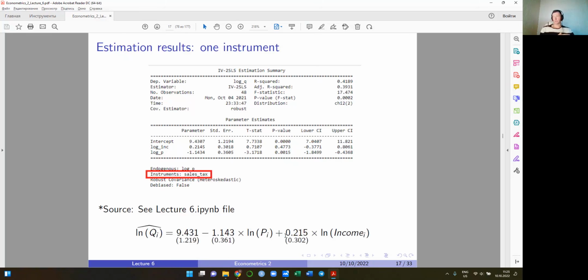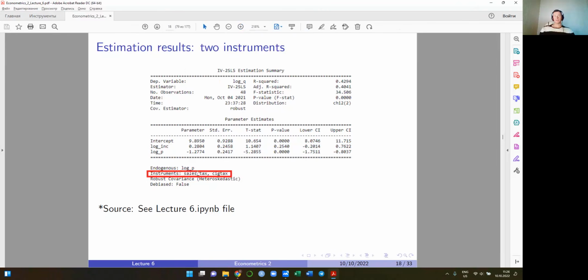Here we estimated this with one function, so no two stages, no first stage, no second stage. We report the result estimated with the help of two-stage least squares here, and you see that elasticity is slightly increased compared to the single regressor model. It was 108 before, now it's 114. So that's exactly the case of omitted variable.